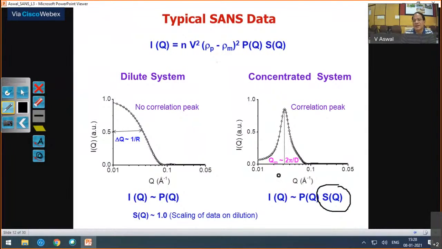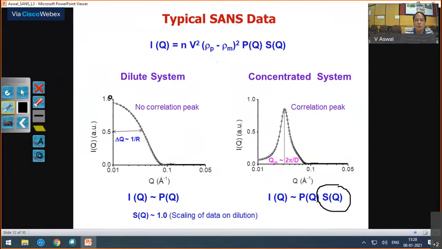If you want to look at the intraparticle structure factor, how atoms within a particle are correlating, then you have to go to higher Q values and use a high Q technique. Since in small angle neutron scattering you are looking at a length scale of the order of the particle, you only see the interparticle structure factor.